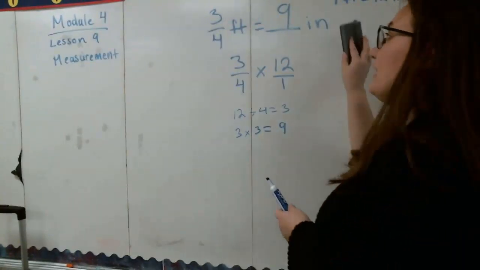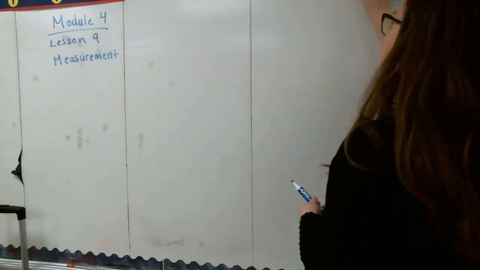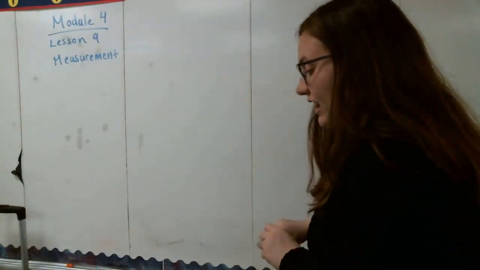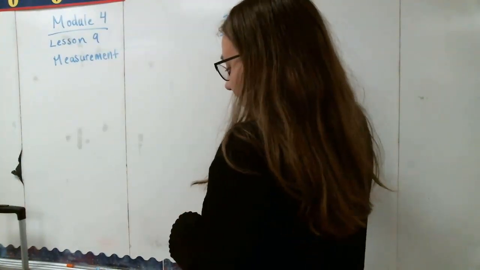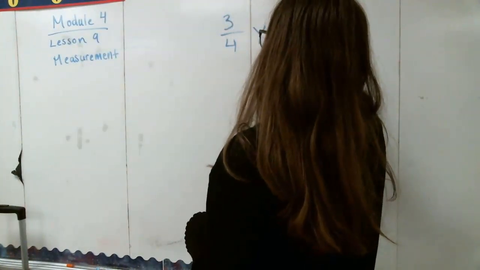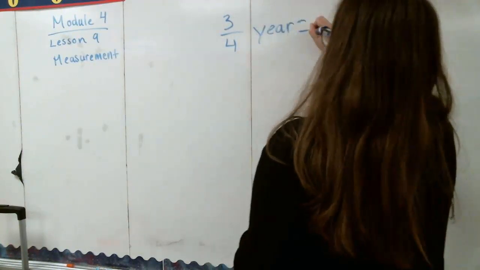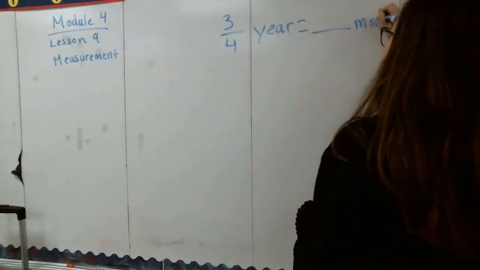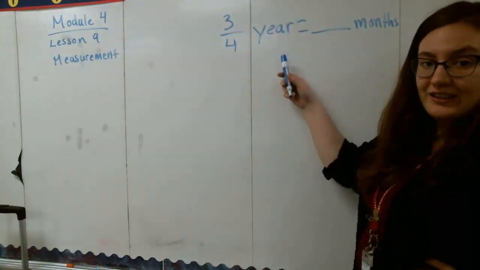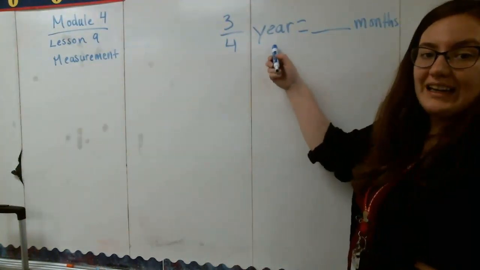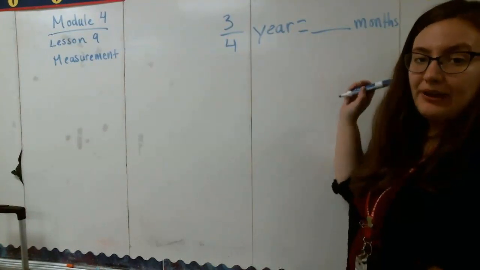We're going to work on our last problem together, and with this last problem we're taking years into months. So we still have this 3/4, and we're going to find 3/4 of a year equals how many months. And just like our previous problems, we're going to think first, if I have 1 year, how many months does that equal?